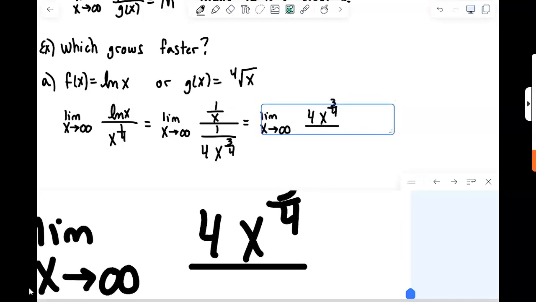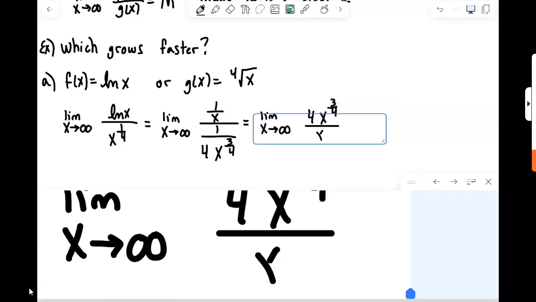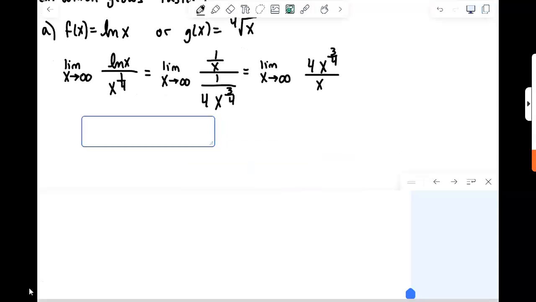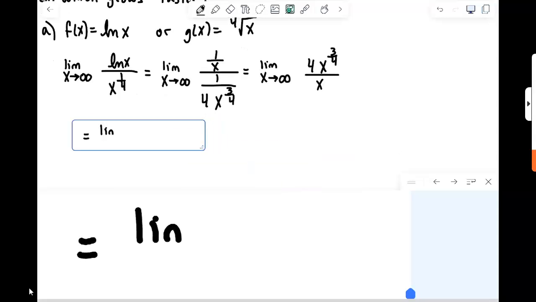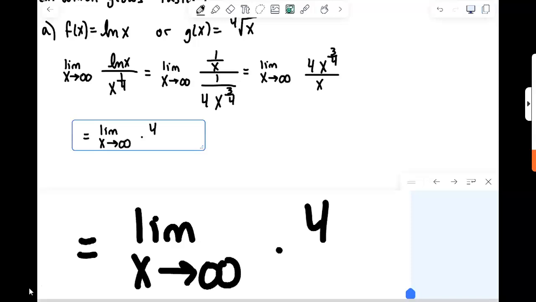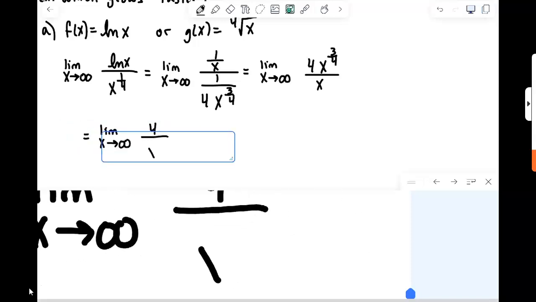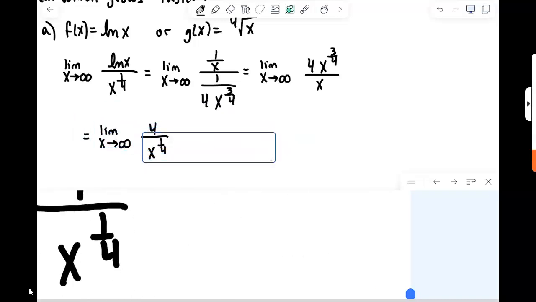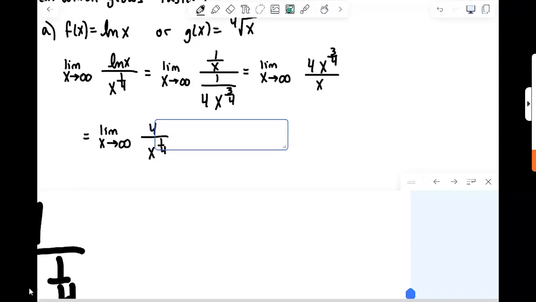over x on the bottom. And then this would simplify to be limit as x approaches infinity of 4 over x to the 1/4. And of course, as x goes to infinity, x to the 1/4 will still go to infinity.